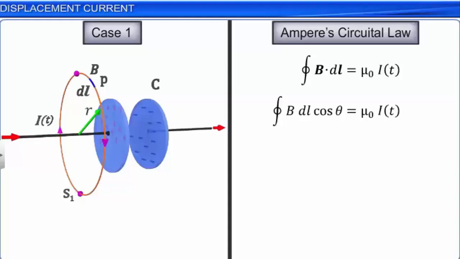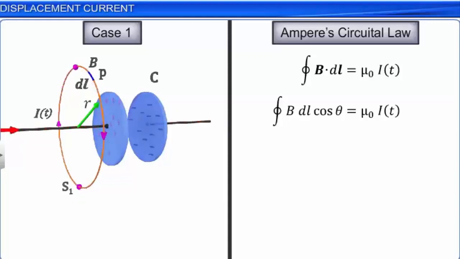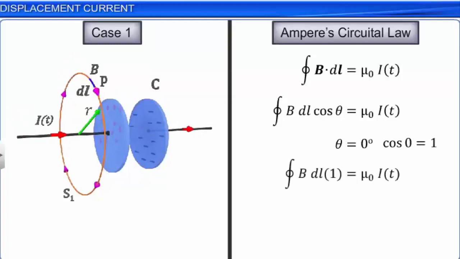Since the direction of magnetic field is along the circumference of the circular loop, the angle between the magnetic field and the length of the element dl on the circular loop at that point is 0 degrees. Cos 0 is equal to 1. Then, integral over the closed loop B dl is equal to mu naught IT. Let this be equation 1.